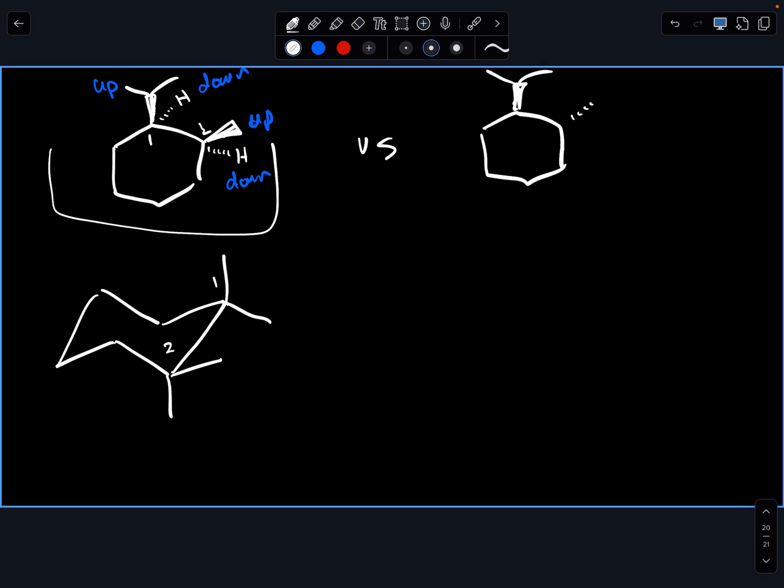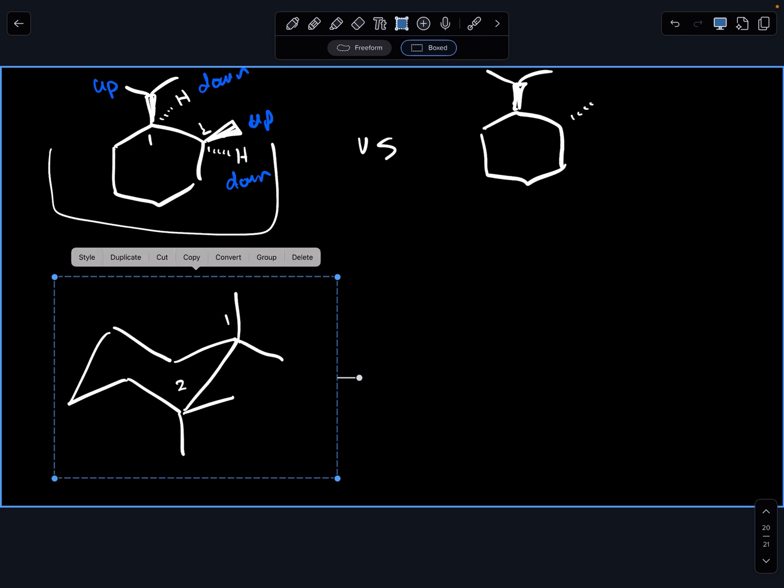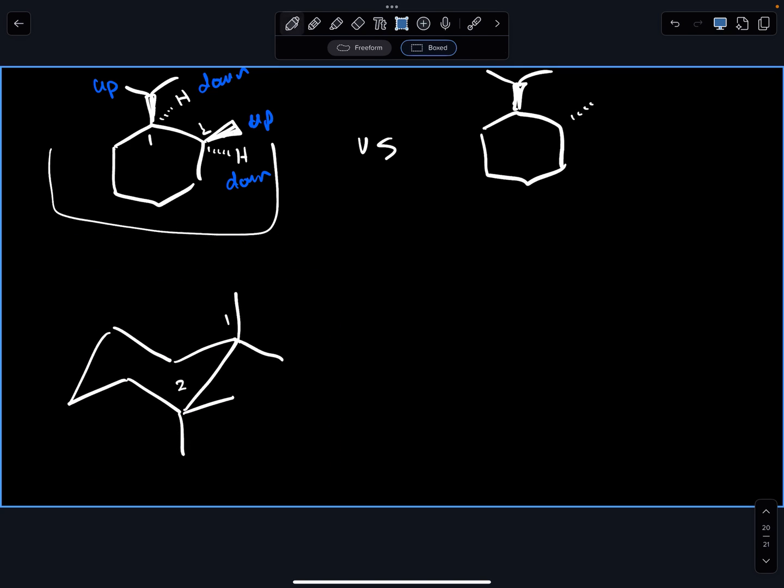So we go over to our handy structure here. And what we're going to do is put our T-butyl up and our hydrogen down. And the other one, the up, is the CH3, and the hydrogen is down. And you have to always draw that hydrogen in. Like right here, where I have a hydrogen and a hydrogen, if you just left a stick there, that means it's a methyl, right?